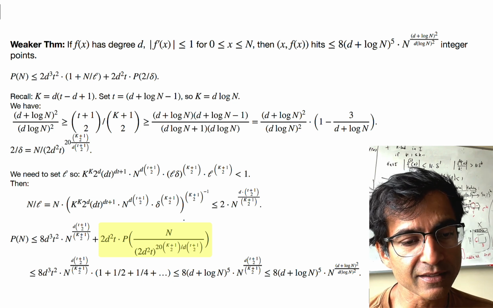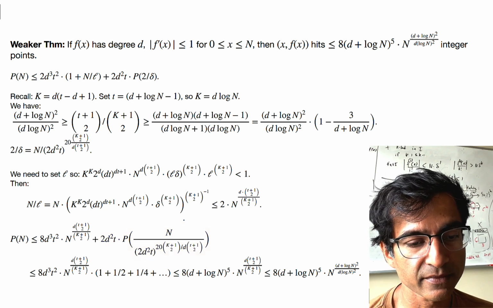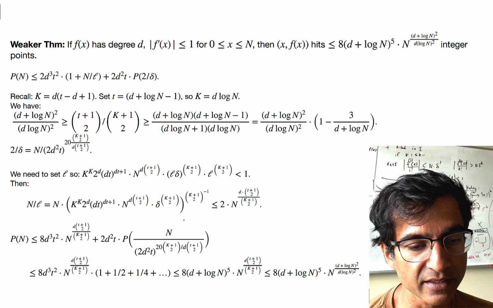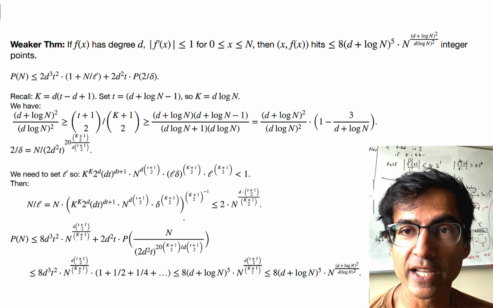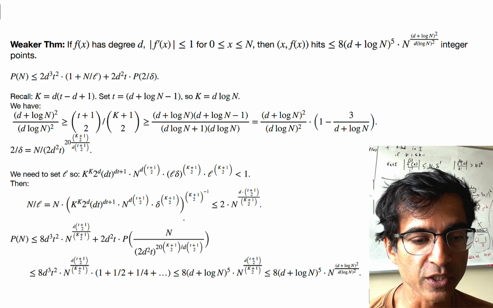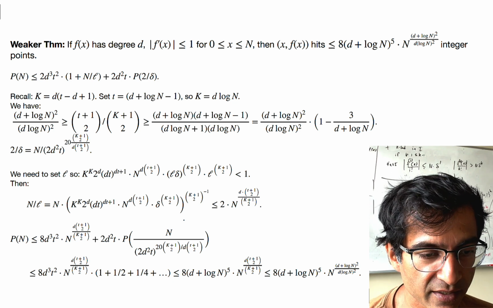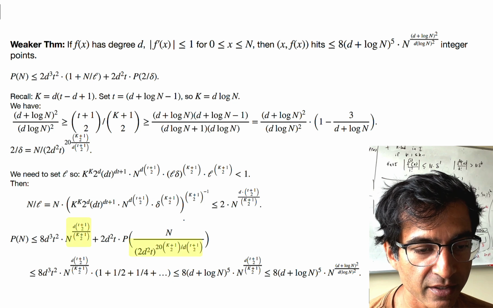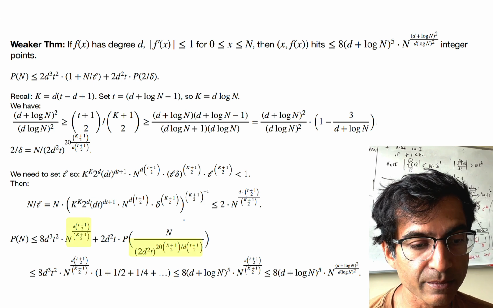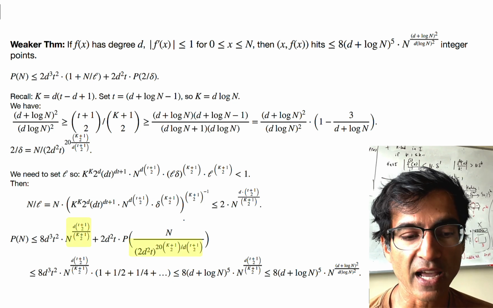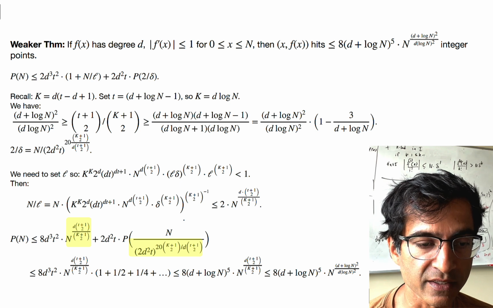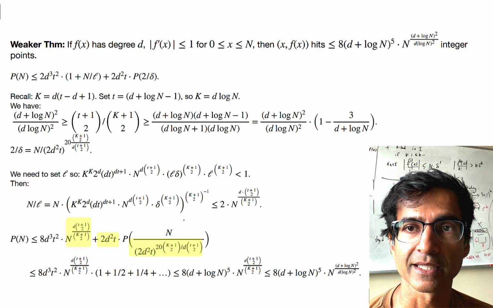The size of the interval has been chosen to be so small that when you recursively run the same argument on this smaller interval, this n to this power will reduce by a significant enough factor that it will kill the contribution of this 2d squared times t term.